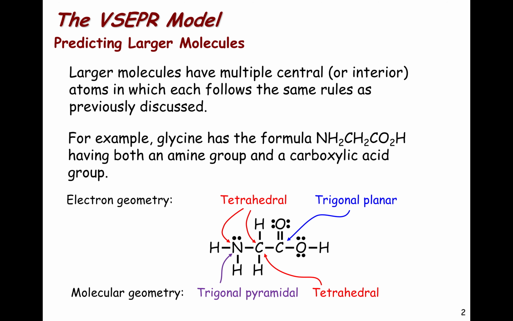The carbon next to that has 3 electron regions. In this case, we have a carbon-carbon bond, a carbon-oxygen bond, and a carbon-oxygen double bond. So in this case, we would predict an electron geometry of a trigonal planar structure where the angles are 120 degrees. And so we would describe the molecular shape as trigonal planar for that atom.